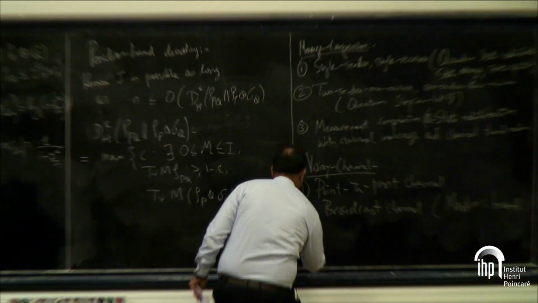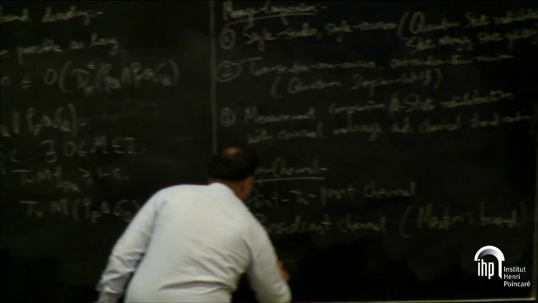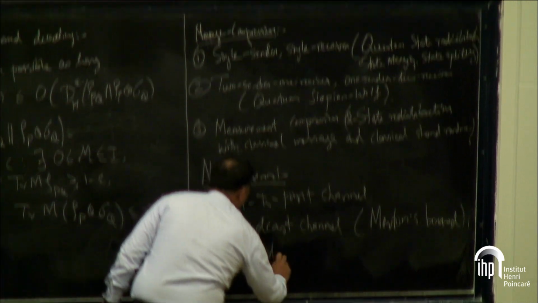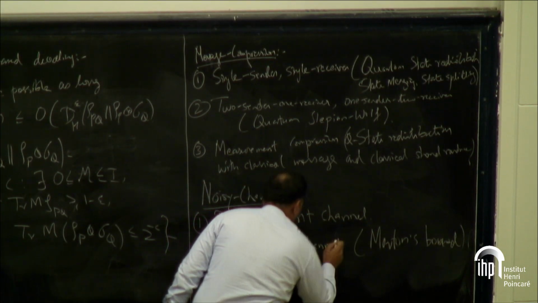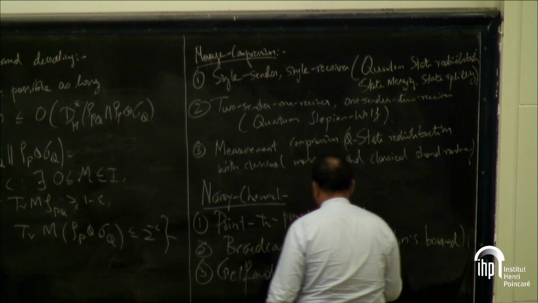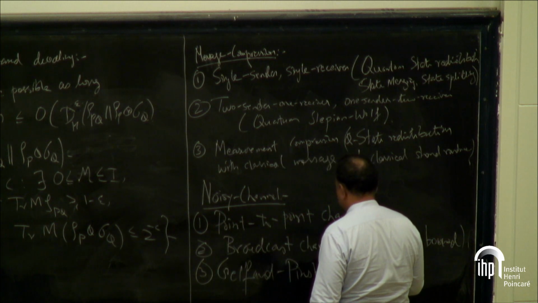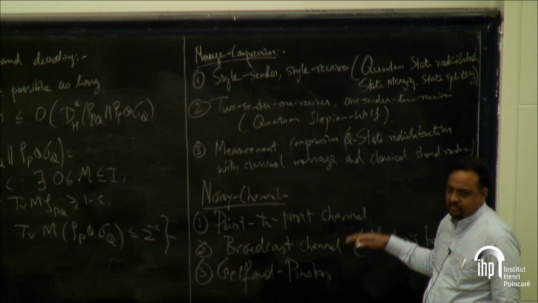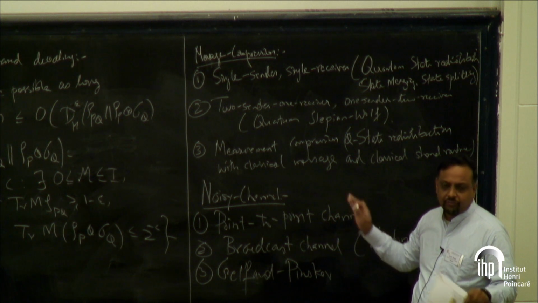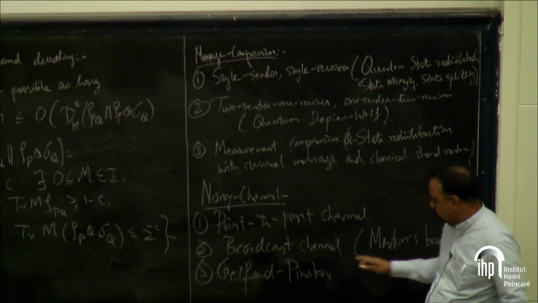Then Gelfand-Pinsker channel, a channel where there is side information of the channel with the encoder.